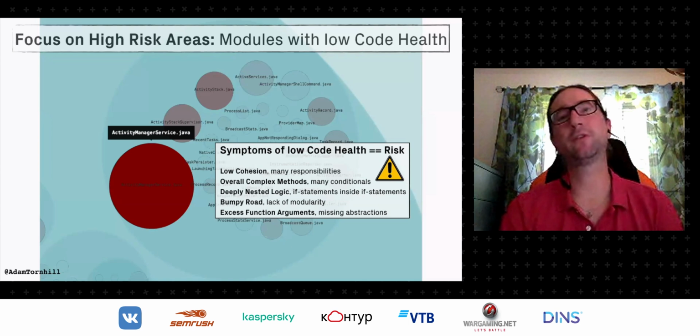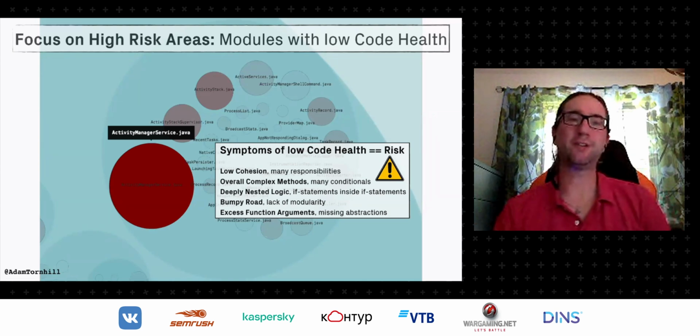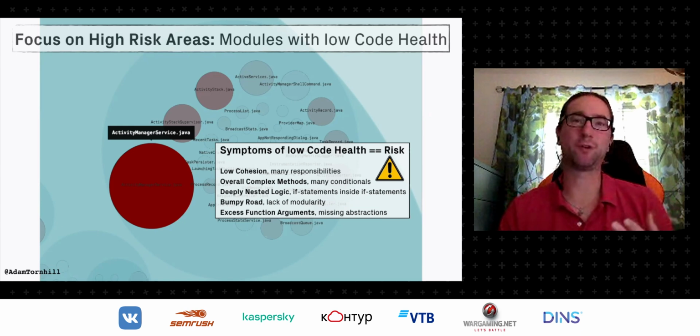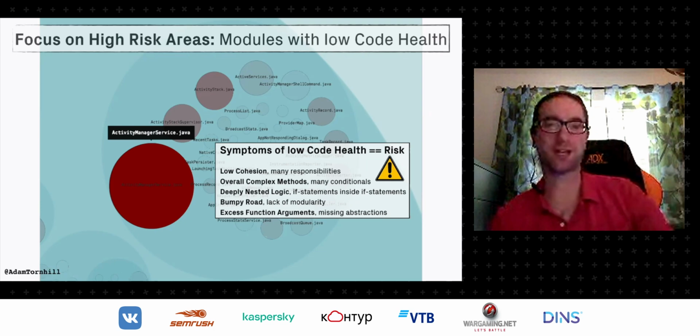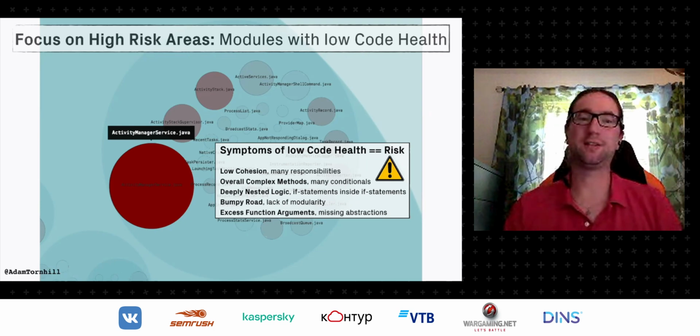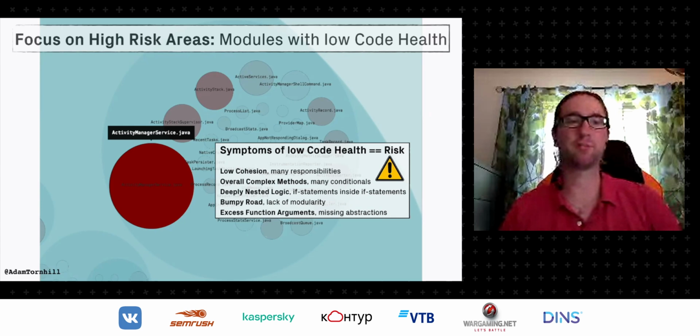And to do that, I use a concept I call code health. And the reason I talk about code health, not something more common or general like quality or high-quality code, is because I really dislike the word quality when applied to source code, because quality suggests different things to different people, and quality also suggests an absolute.